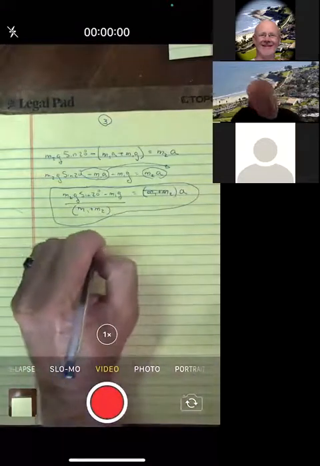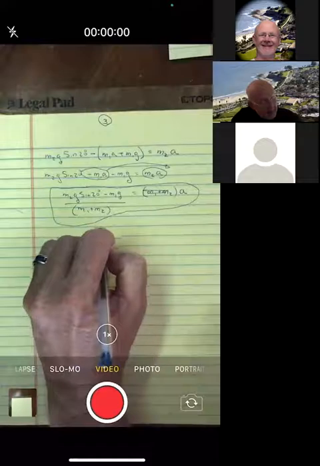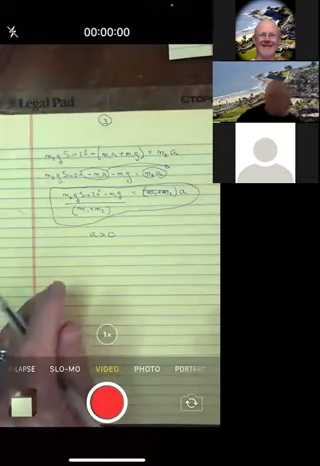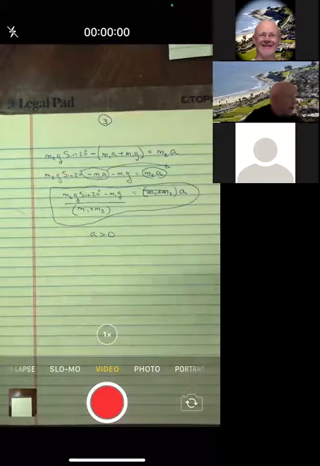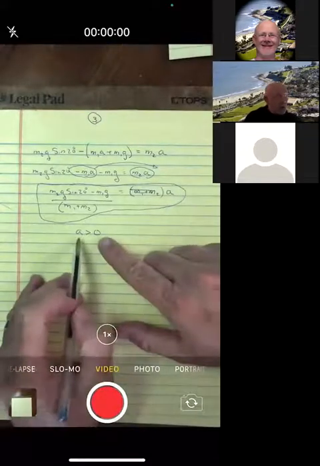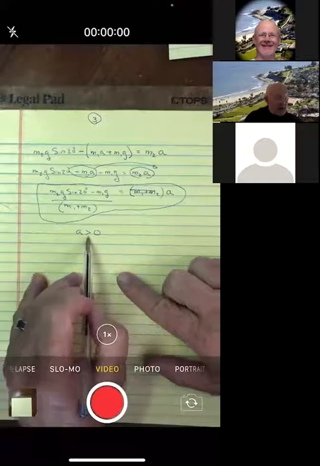Now, in this case, we want A to be greater than 0. If they had said something like, what mass do you need to make the acceleration 4 or 5? Well, we can put that in and get that answer. But for ours, we just want it to go down the hill. So we want A greater than 0.